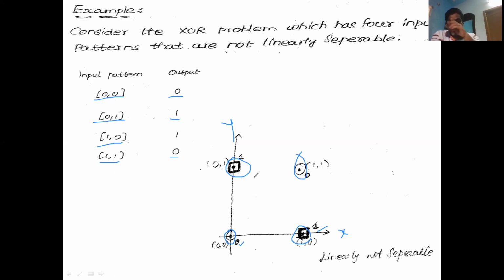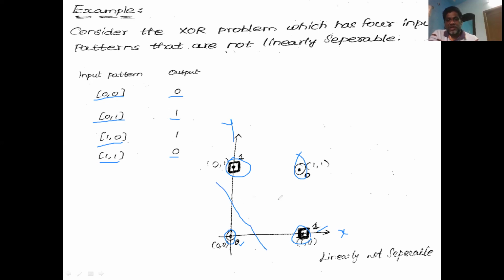Now if you see the output labels, 1 is here and 1 is here, 0 is here and 0 is here. Now if you try to draw a straight line that separates zeros from ones, suppose I draw a straight line over here, then it separates one 0 onto one side, but another 0 is on the other side. So the surface is linearly separable if we can draw a straight line in such a way that the same type of labels come on one side of the line and the other type of labels go to the other side.